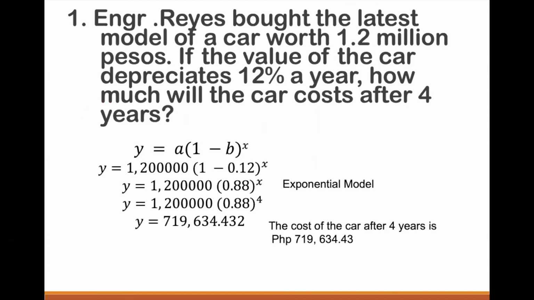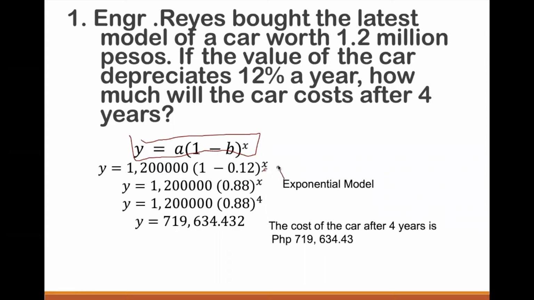So, Engineer Reyes bought the latest model of a car worth 1.2 million pesos. If the value of the car depreciates by 12% a year, how much will the car cost after 4 years? So using the given formula, again, all we have to do is simply substitute.